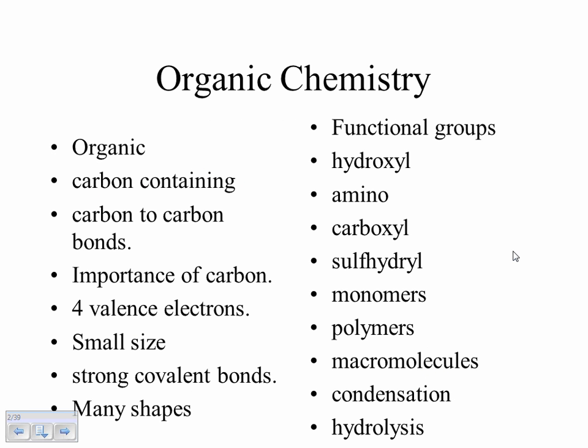You might wonder why all organic chemistry is centered around the carbon atom. And there's several important reasons for that. One of those is that carbon is a really, really small atom. If you look up at the periodic table, carbon is element number 6, which means it's the 6th smallest of all the elements. Typically, it's going to form covalent bonds.